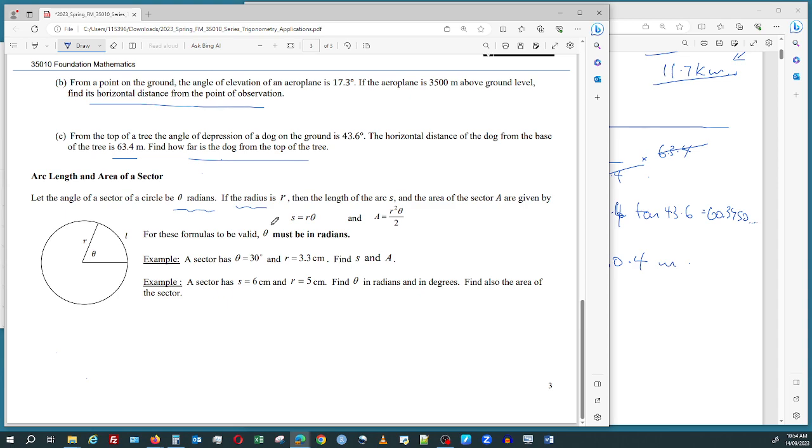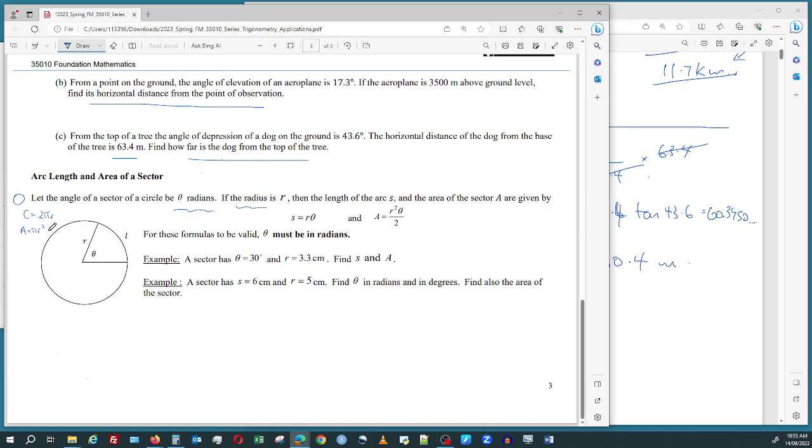Now the idea here is that the circumference of a circle is 2 pi r, and the area of a circle is pi r squared.